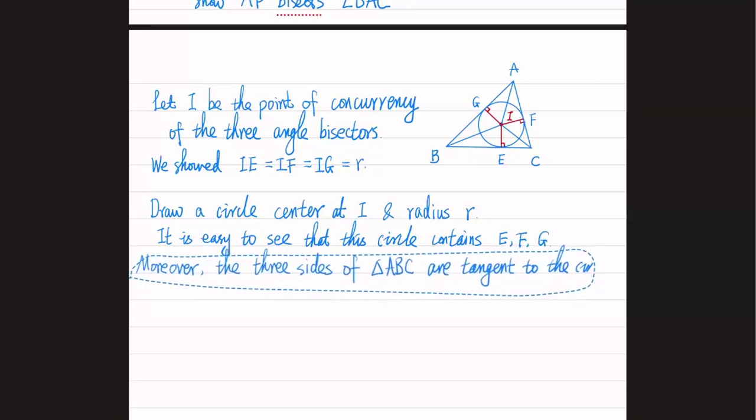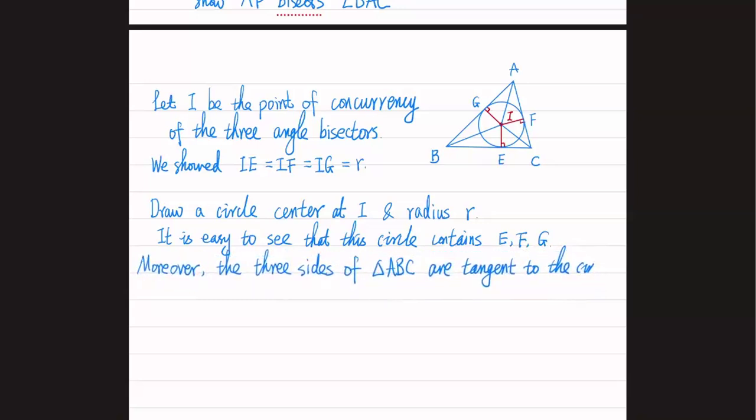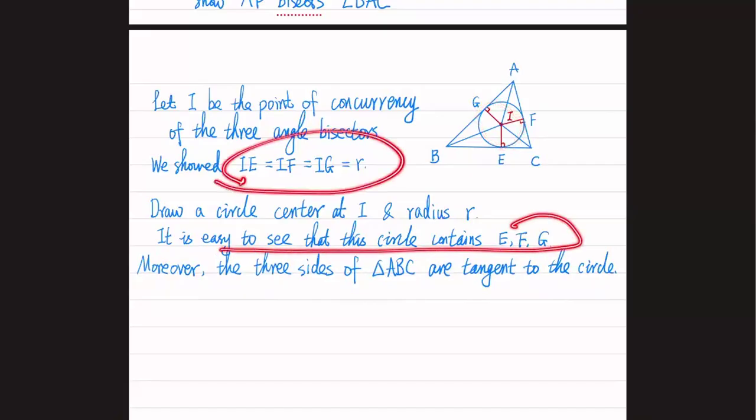Let me rewrite this. Okay. Initially, we only know the circle contains the 3 points because they are at distance equal to the radius, so E, F, G must be on the circle.